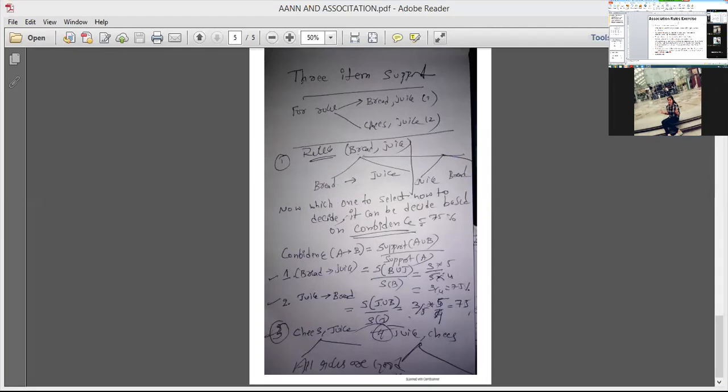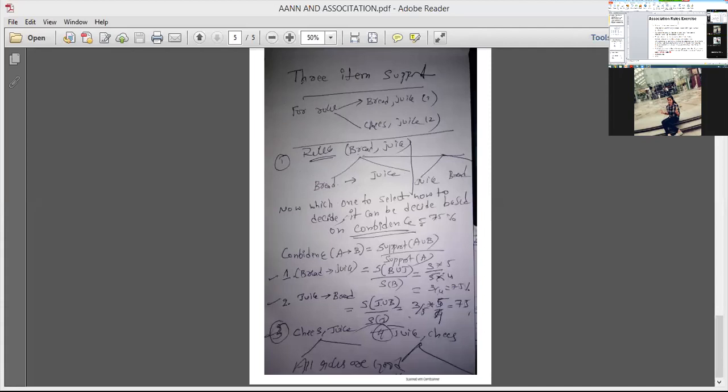Okay, so let me apply. What is the support of cheese union juice? It is 3 divided by 5 into what is the support of juice? Juice has appeared 3 times out of 5 transactions. So again, 3 divided by 5.